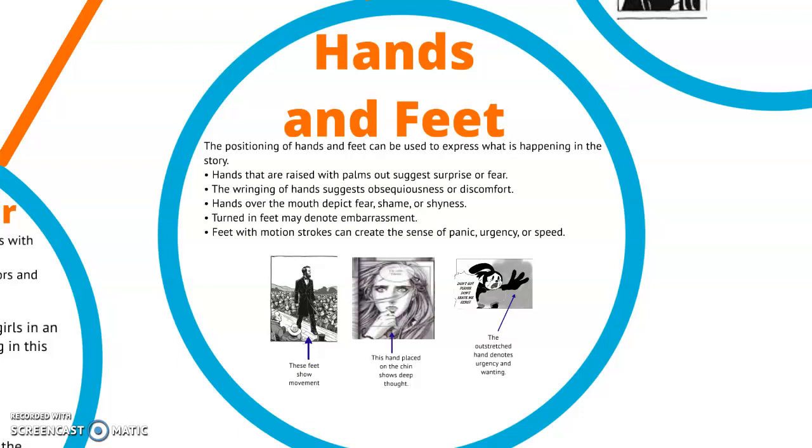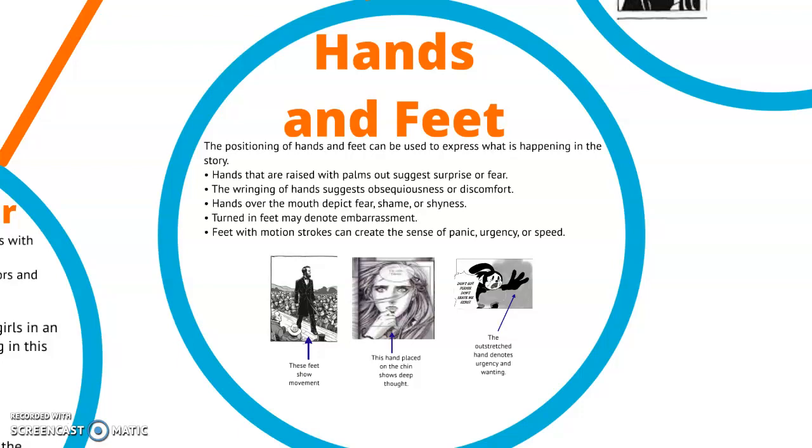The wringing of hands suggests obsequiousness or discomfort, meaning that wringing hands show a sort of discomfort. Someone who is obsequious is someone who is just sort of a little scared and frightened, and the wringing of hands can show that. Hands over the mouth depict fear, shame, or shyness. Okay, so fear, shame, or shyness.